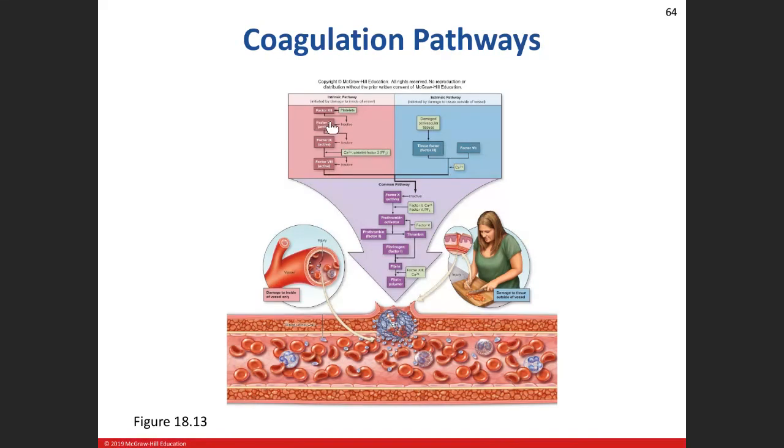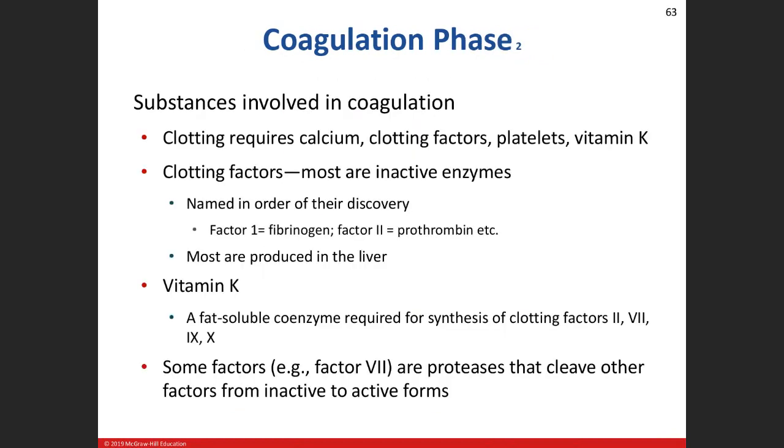So when this clotting factor is activated, it can go and activate the next inactive clotting factor. It just runs down like dominoes falling. As long as we have all the proper ingredients, we can come all the way down here and get a clot. If you are missing certain enzymes along the way, or you're missing calcium along the way, then you're going to have a hard time clotting. Again, I don't want you to worry about all the specifics there. That's a lot. Questions so far?